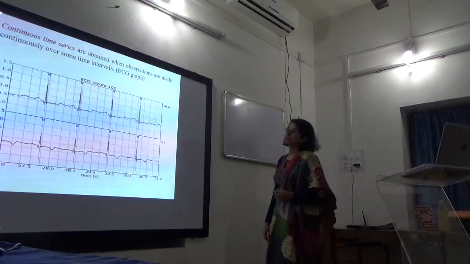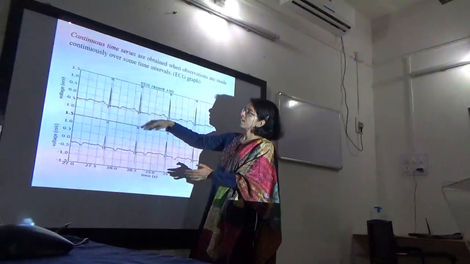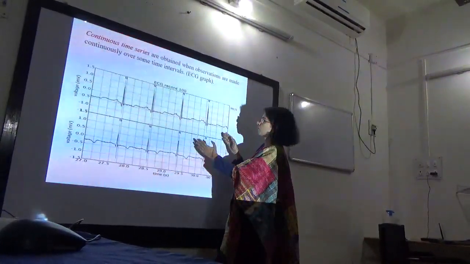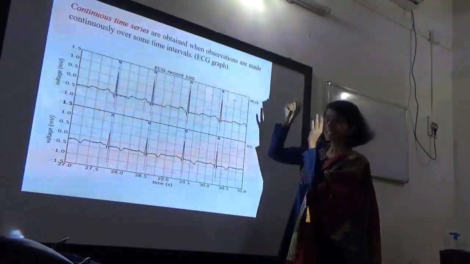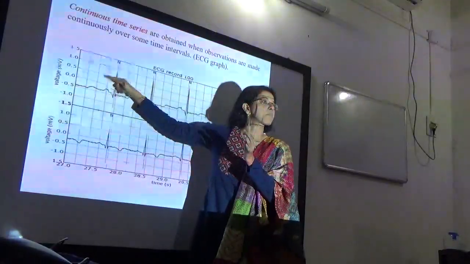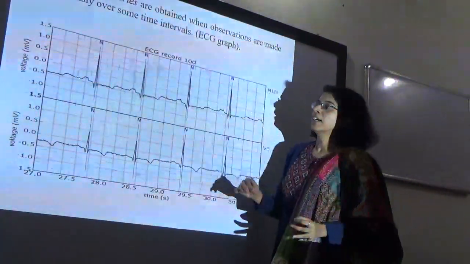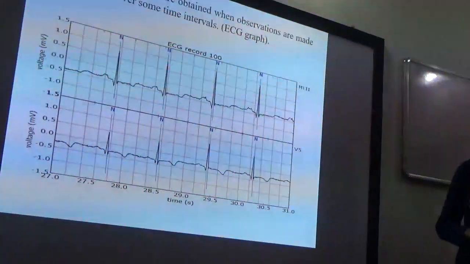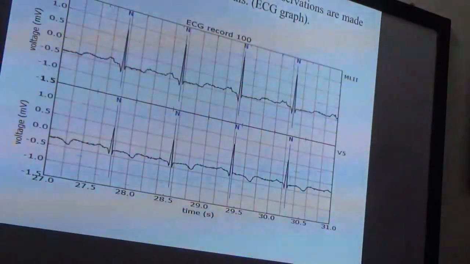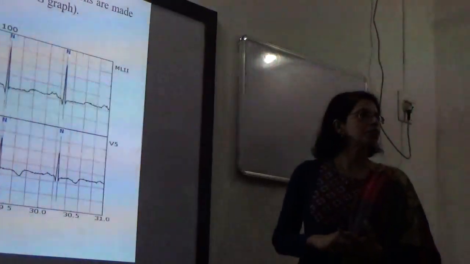You see that these are the voltage and these are the seconds. So within a second, fractions of beats are coming like that. So in ECG data, most of the time the medical data are considered as continuous data.